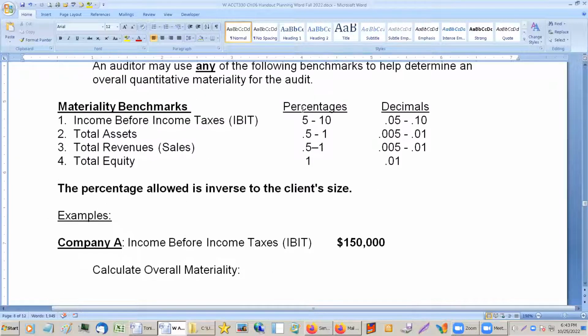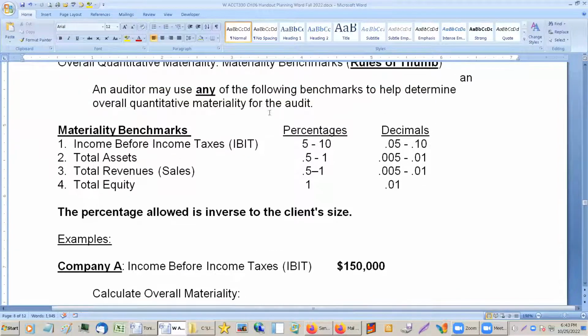Okay, so these are some materiality benchmarks that you can use, and it really depends on the company which ones you're going to use. So income before income taxes is one of them. Total assets, total revenues, total equity, and again, these are all judgments.